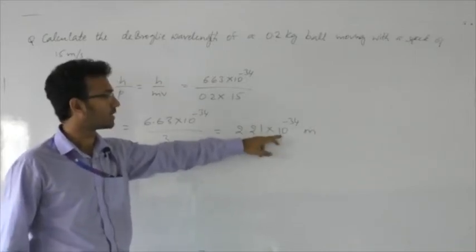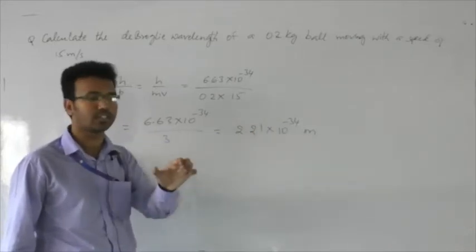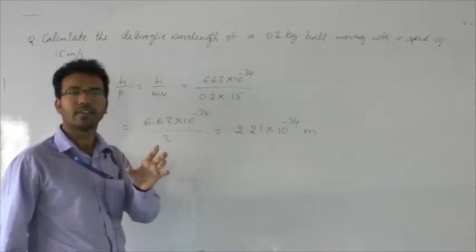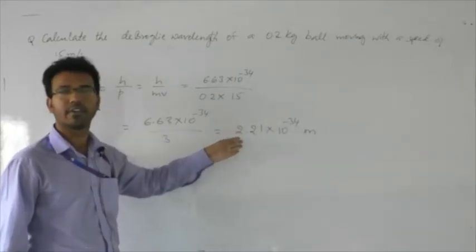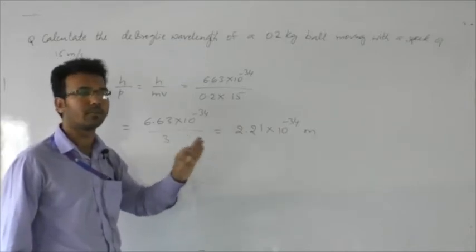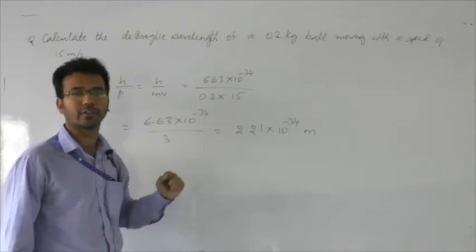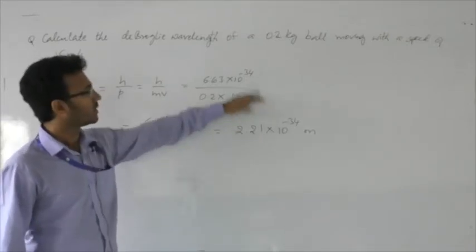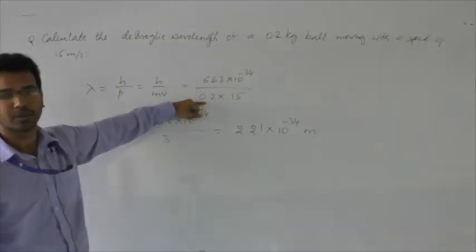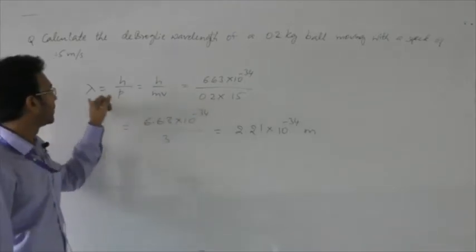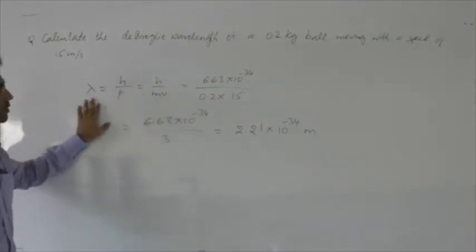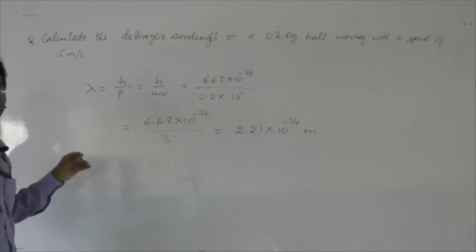But here it is 10 power minus 34 meters, which we cannot observe, the wave-like nature associated with these macroscopic bodies. That is because of the huge masses. So this wavelength is appreciable only for subatomic particles whose masses are very small.